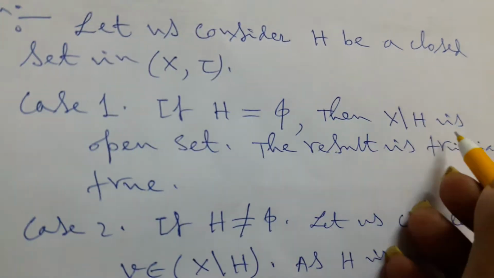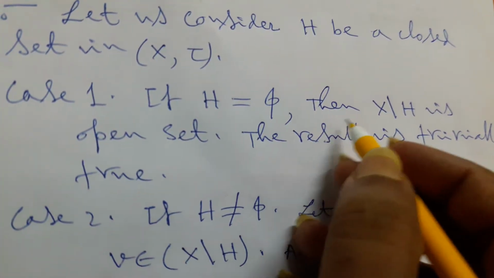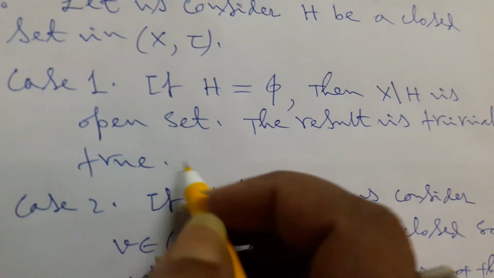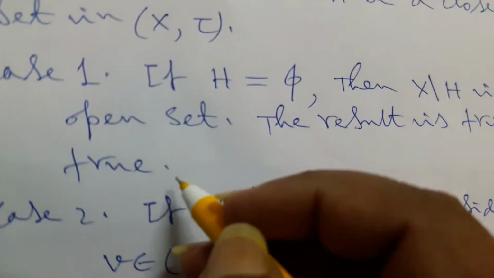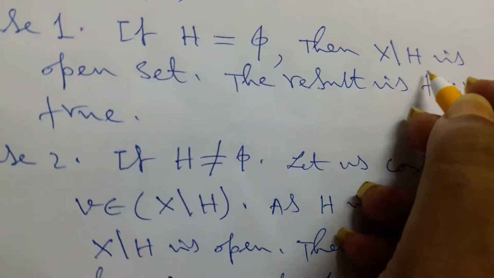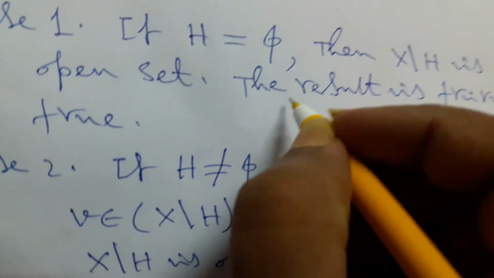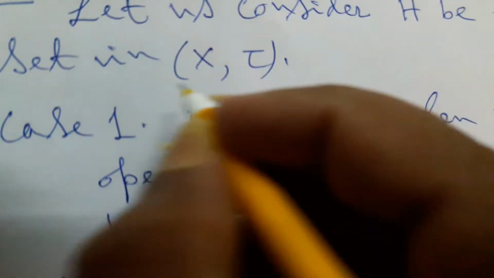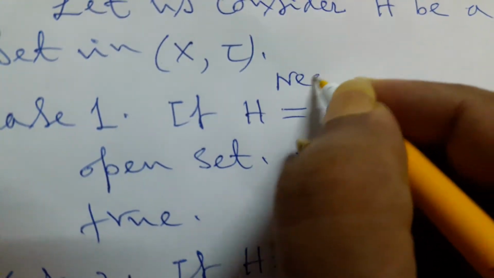First one is empty; then by convention, X minus H, the complement of this set, is open by De Morgan's law, and the result is trivially true. Then we consider the non-empty case. We already proved this case; that's also an open set. So it is the necessary part.